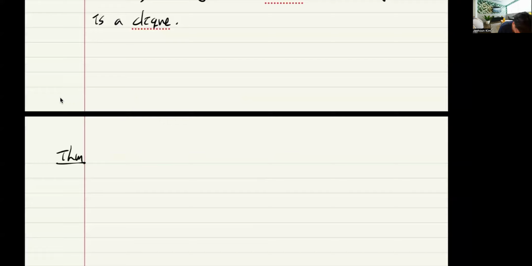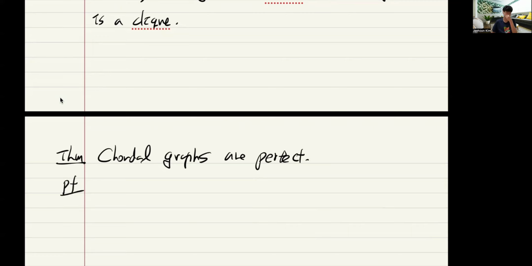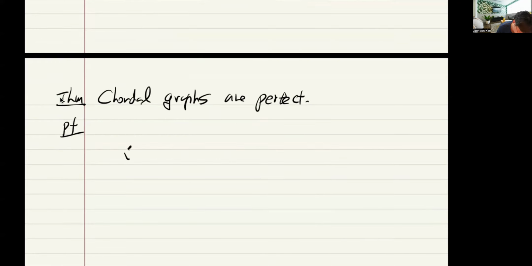Using this construction ordering, we can prove what we want: chordal graphs are perfect. Why? Simply, you take this reverse of the simplicial elimination ordering. Then you get this v1, v2, ..., vn.